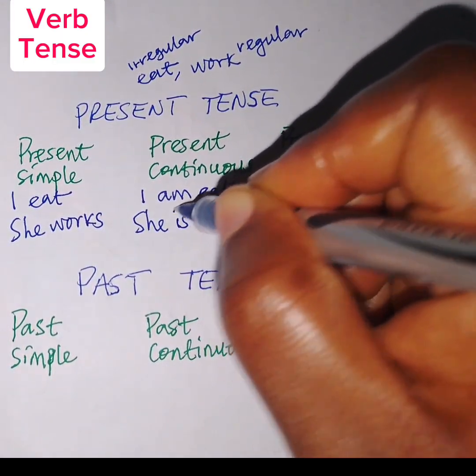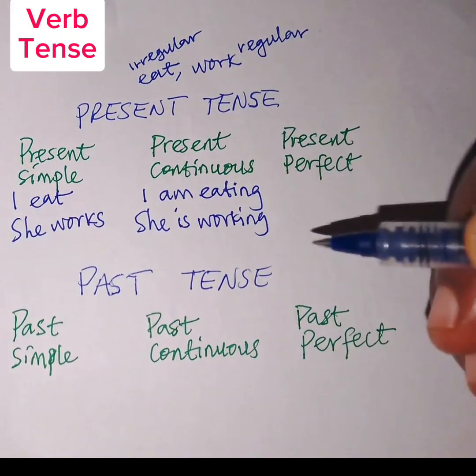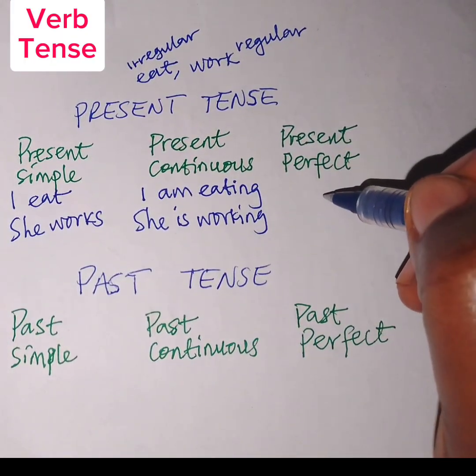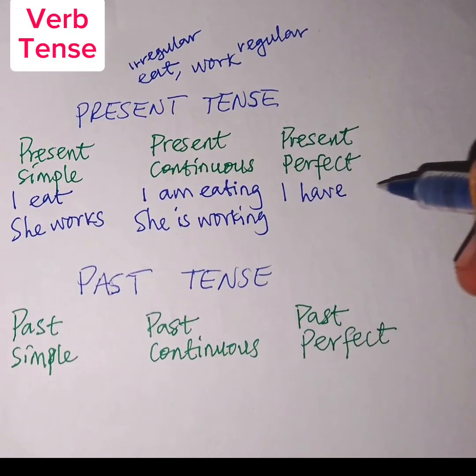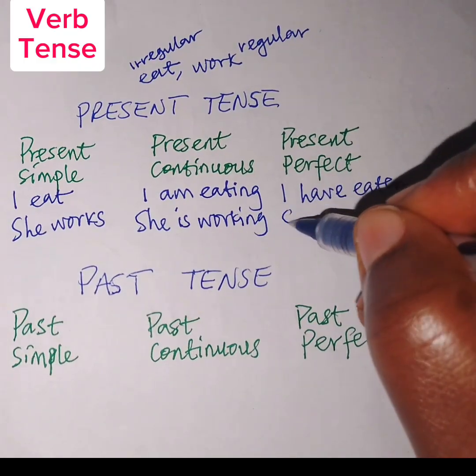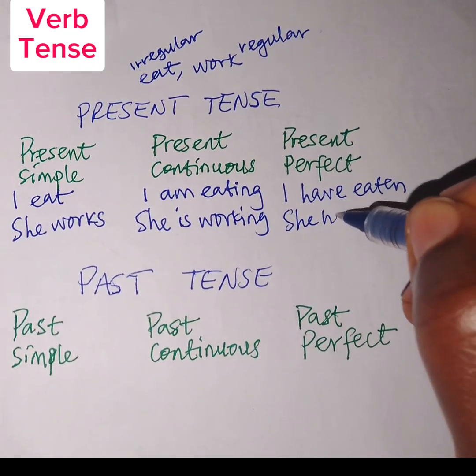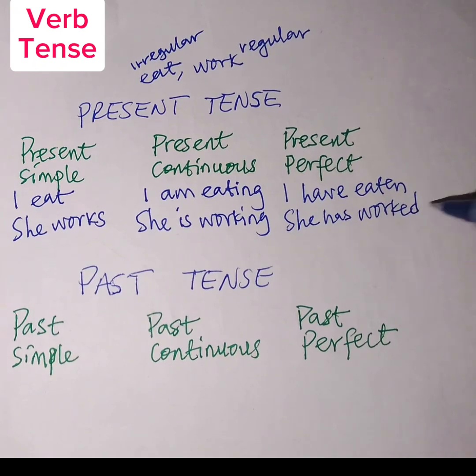She is working. Present perfect tense. I have eaten. She has worked.